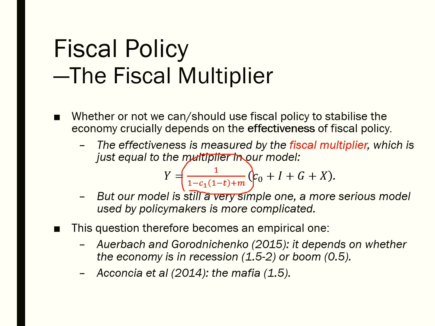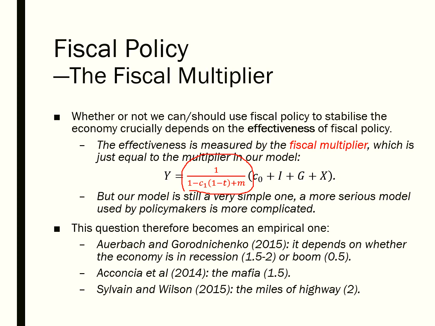Another literature initiated by Acconcia and his friends uses the mafia data to estimate the multiplier. This is a very interesting and clever study. They use mafia data. I don't know how they make it, but it is 1.5, basically the same as the previous literature.